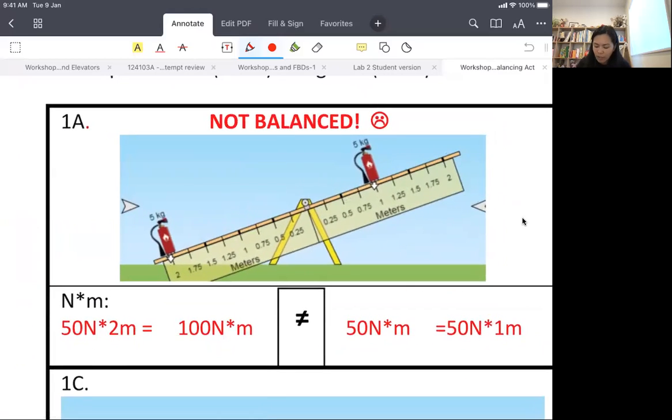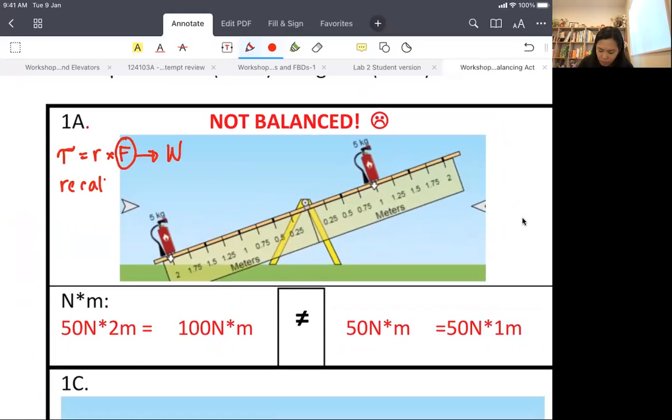All right, so we're given the masses. You have to calculate the weights, and we know that weight is equal to mass times gravitational acceleration. It's not the kilograms that we need, it's the force, because torque is equal to moment arm times the force. So we need to find this force, which is given by the weight force.